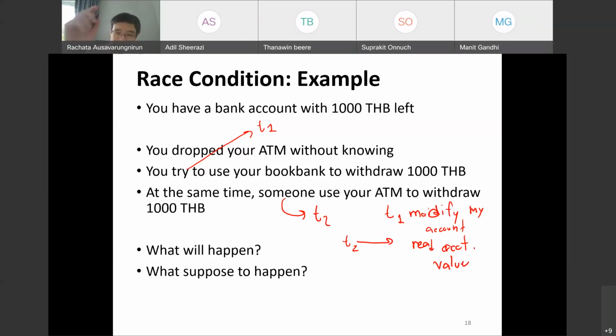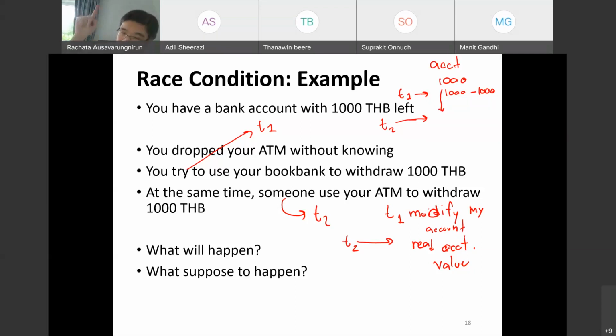Let me do this timeline a little bit tighter, right? Account is 1,000. Thread 1 comes in. I want to do 1,000 minus 1,000. I haven't finished, right? So it's still 1,000. The value is still whole. Thread 2 comes in here. The first thing you do is read, right?